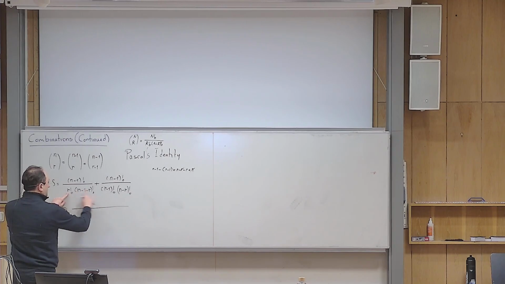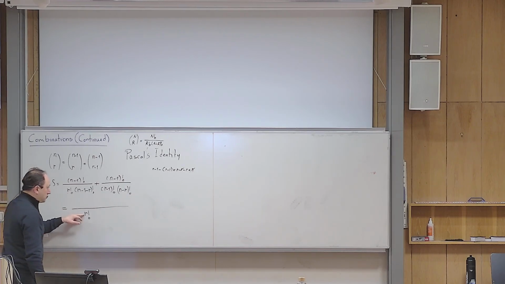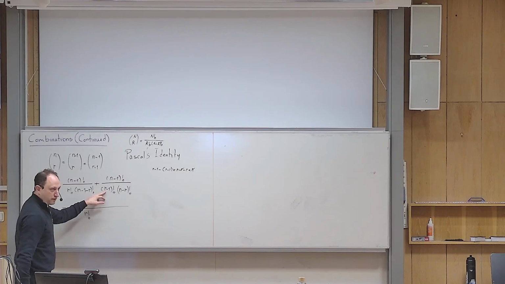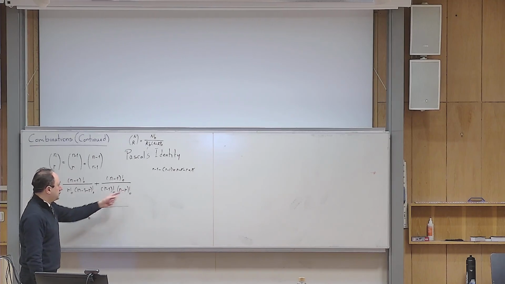Instead of r factorial and r minus 1 factorial, I hope you agree that I can simply choose r factorial. Because r factorial is not only divisible by r factorial itself, it is also divisible by the previous factorial. So this can serve as the common factor between these two. And for the other factor, I just compare these two numbers.